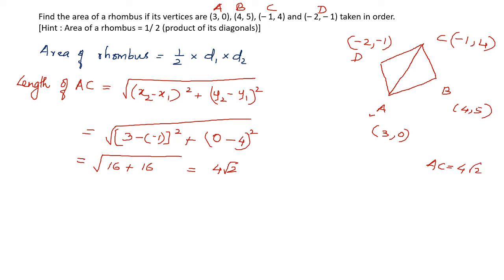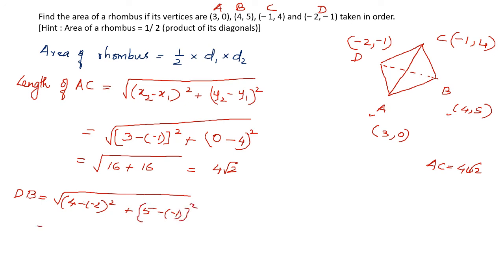Now what is the other diagonal? Other diagonal is DB. Now how will you find DB? DB is equal to root of, take B as first. Then what will you get? 4 minus of -2 whole square plus 5 minus of -1 whole square.